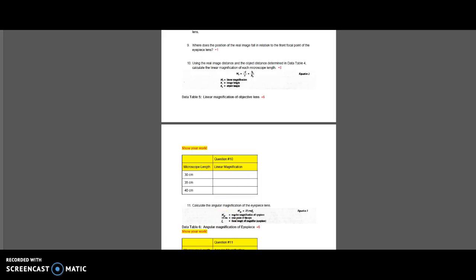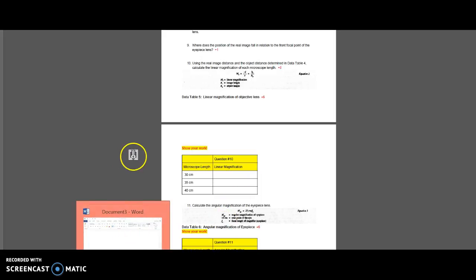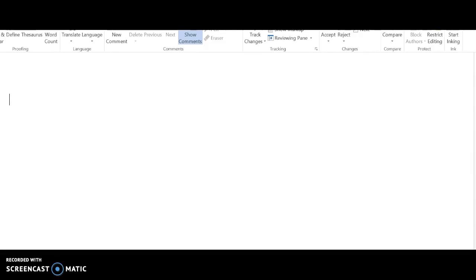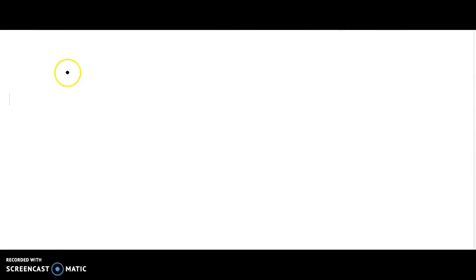So how are you going to calculate those 3 linear magnifications of your objective lens? We're going to cover that now. Okay, from the equation that is listed in question number 10, you see that the linear magnification M sub L equals negative I, which is the image distance, divided by O, which is the object distance.